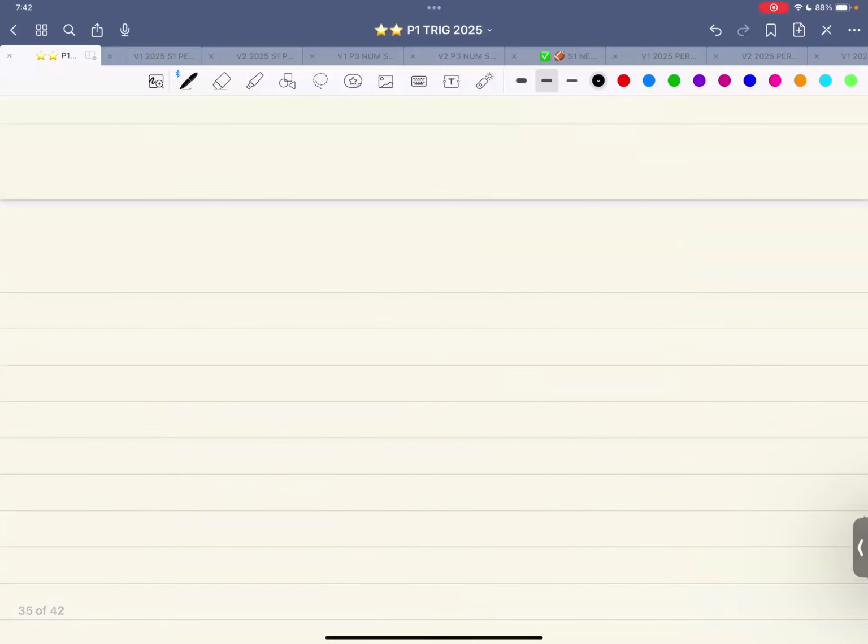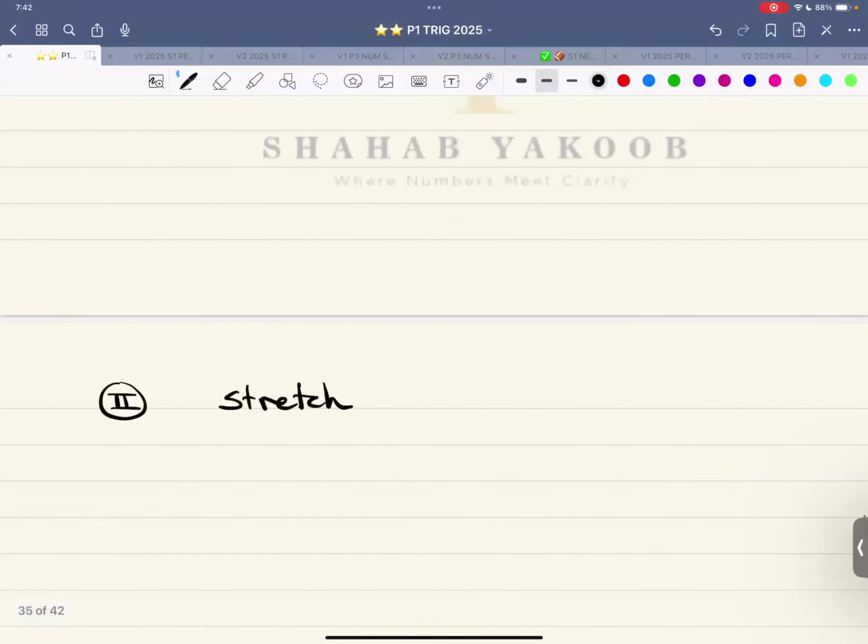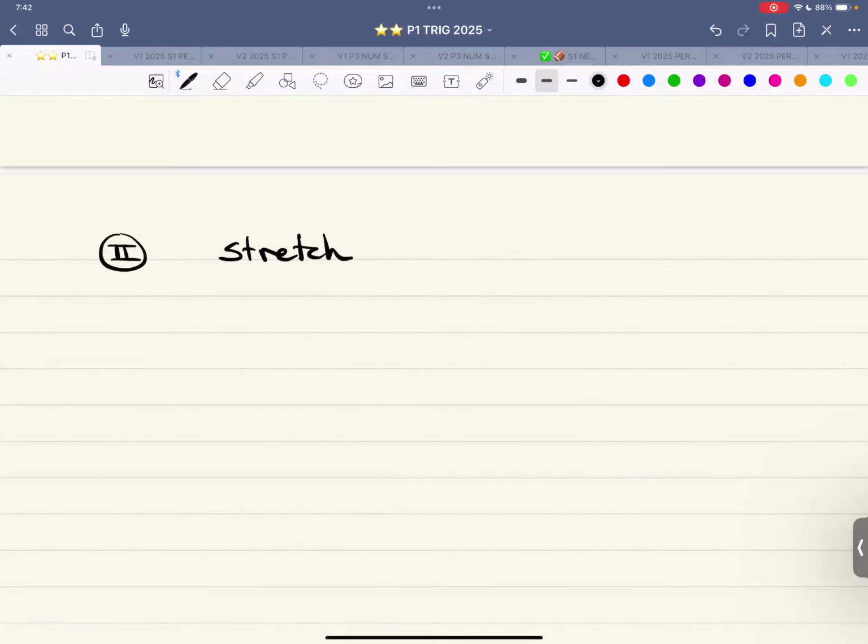Let me go to the other transformation. That other transformation is, let me talk about stretch. And over here, I'll be talking about the first stretch that is along y-axis. It can also be read as parallel to y-axis.